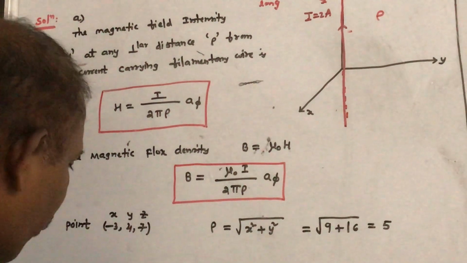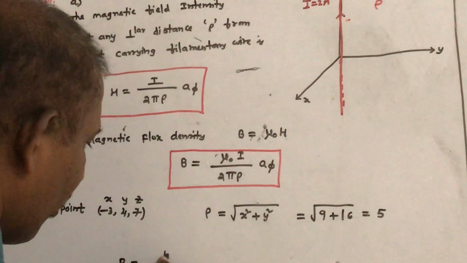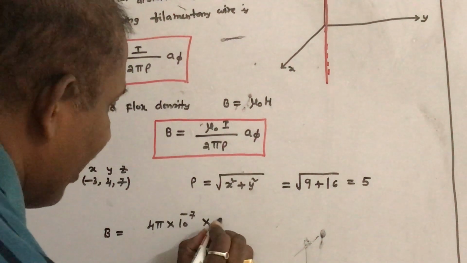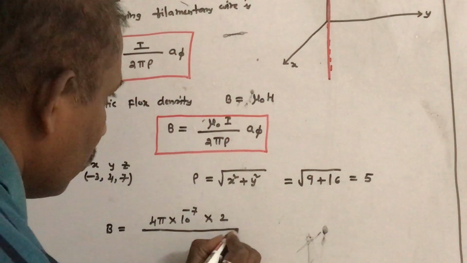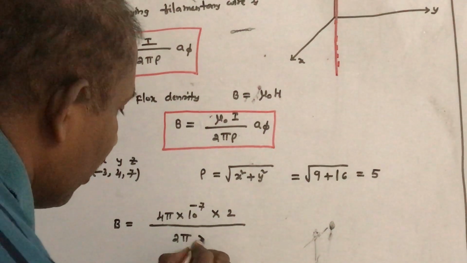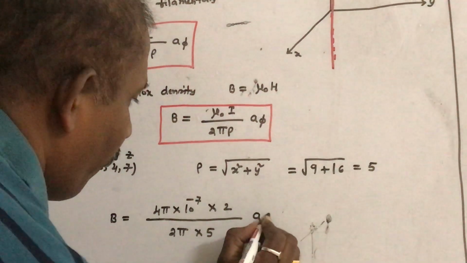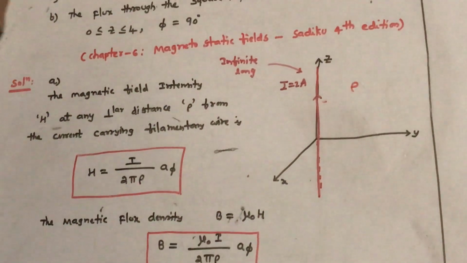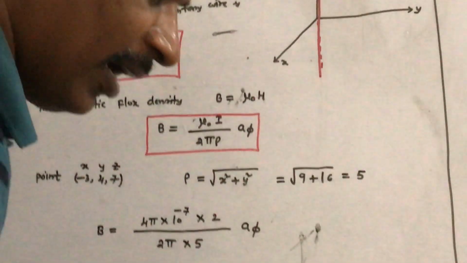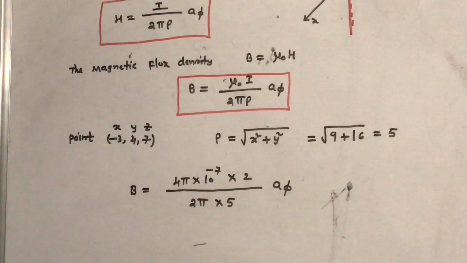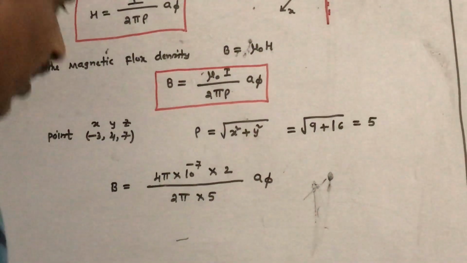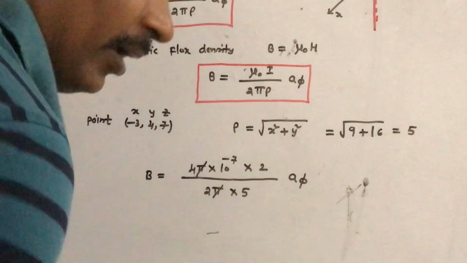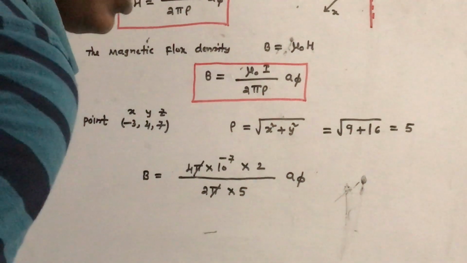Substitute in this formula. Therefore B is equal to, what is the mu naught value? 4 pi into 10 power minus 7 henry per meter. The current in the wire is given as 2 amperes. So 2 pi into rho, the perpendicular distance, into a phi direction. So the flux is varying along the phi direction. After calculating this, pi cancels out.